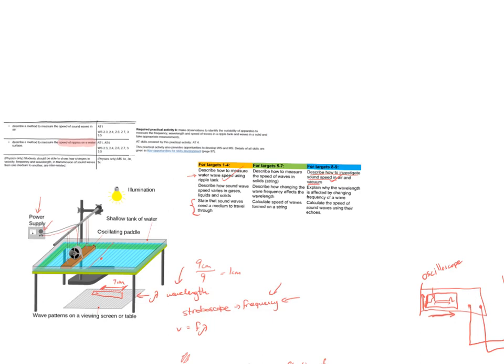So if I placed a loudspeaker or even my phone into a vacuum container and then I pulled all the air out, I wouldn't be able to hear my phone ringing, because sound waves are longitudinal waves and they need a medium to travel through, so air. Otherwise, there's nothing that can transfer those vibrations.